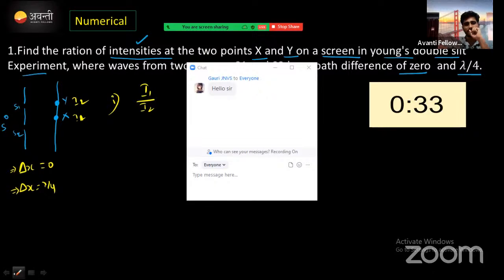Try it once. According to the screen time, more than 1 minute has passed.